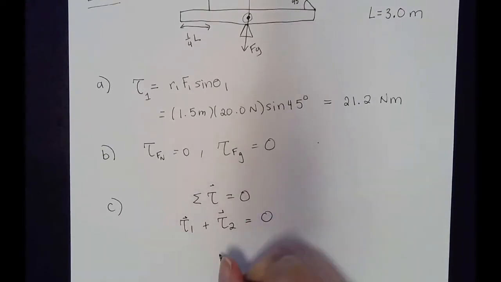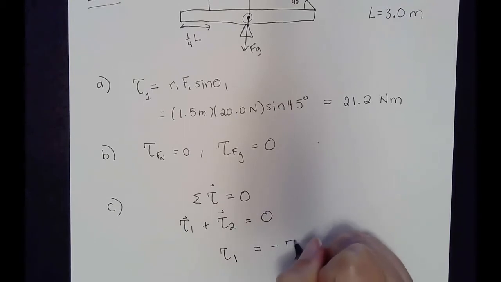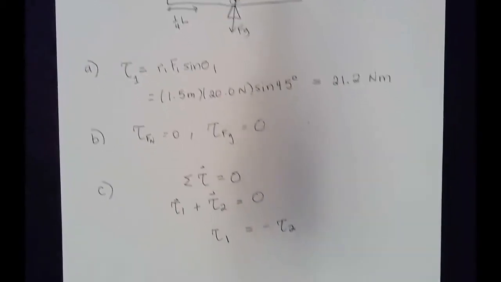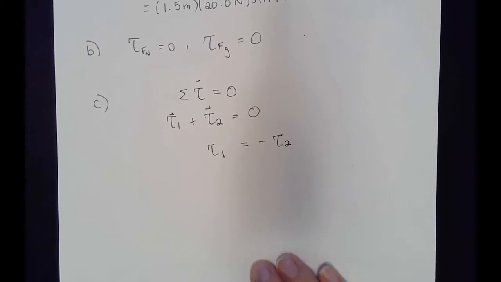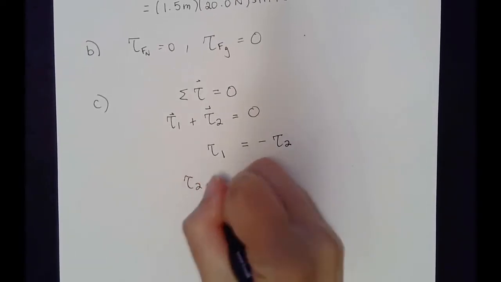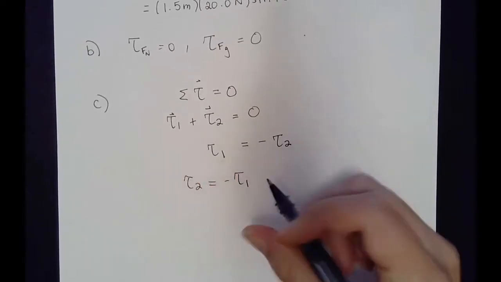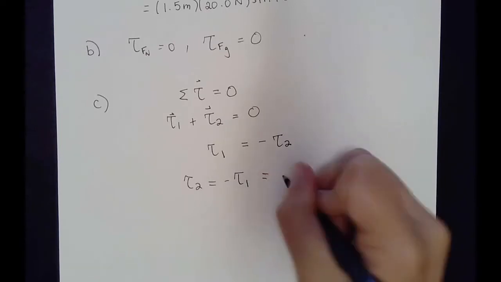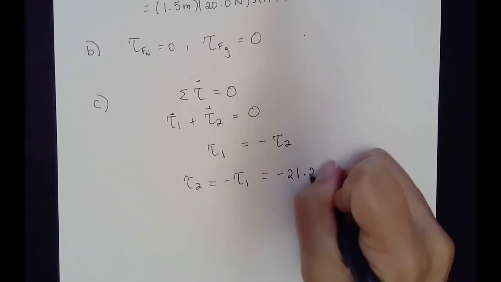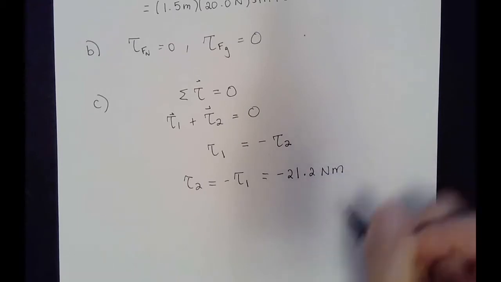And those are vectors, so we'll have torque 1 equal to negative torque 2. Or we could write that the other way, that the torque due to F2 equals negative of torque 1, since that's the value that we have. So that will be negative 21.2 Newton meters.